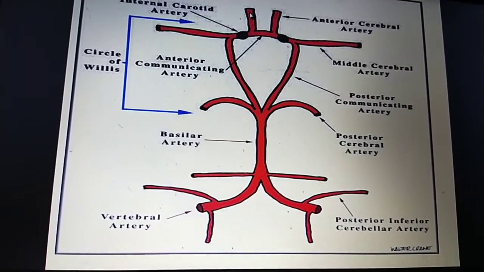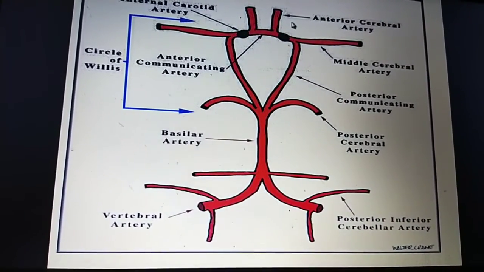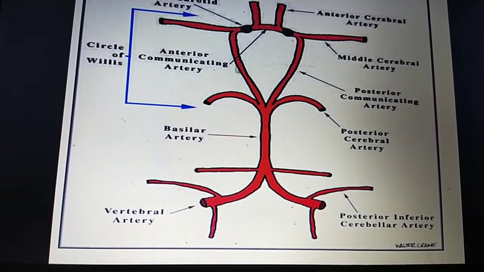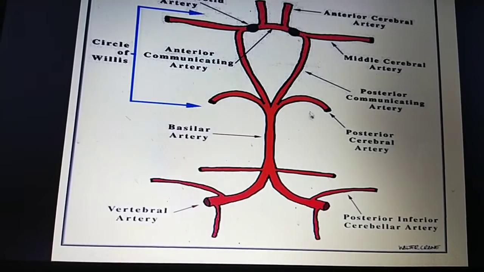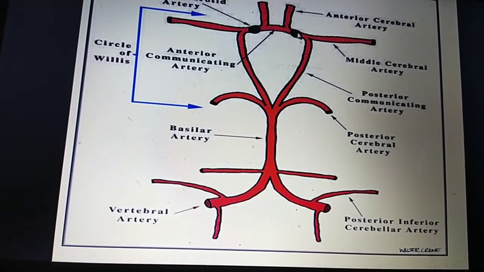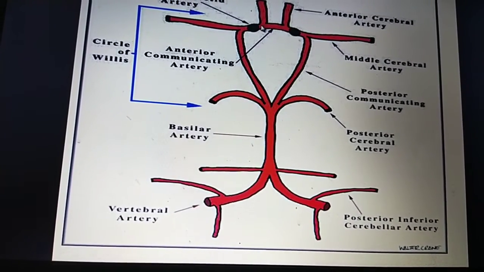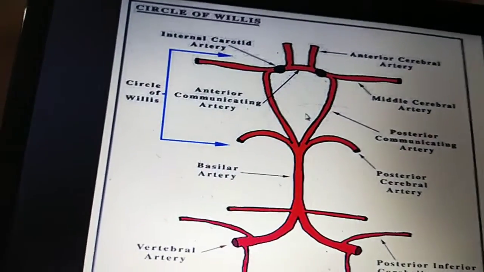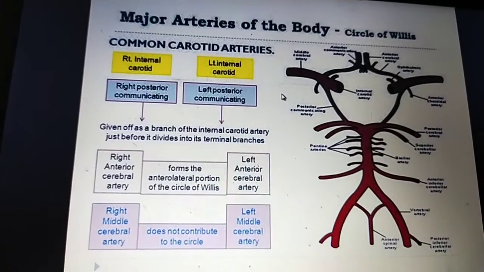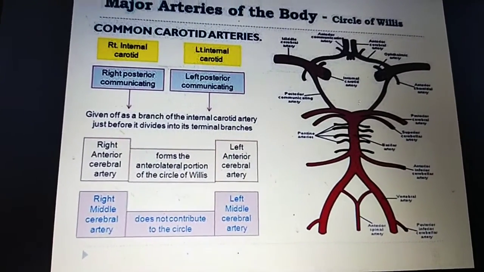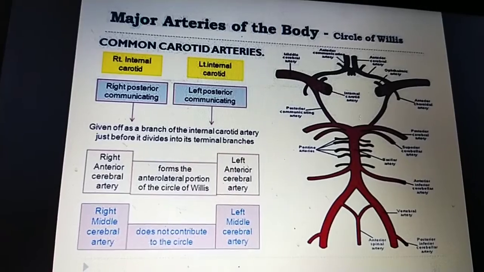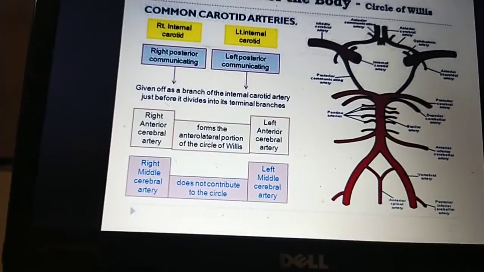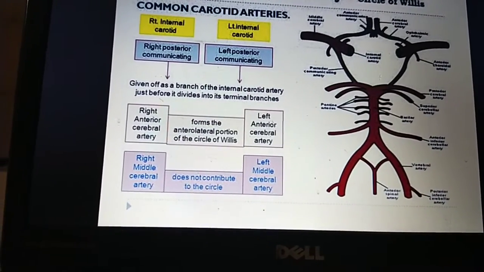It is formed by the 2 anterior cerebral arteries, 2 internal carotid arteries, 2 posterior communicating arteries, 2 posterior cerebral arteries and 1 anterior communicating artery. Like this the circle of Willis is formed. These are major arteries of the body. The common carotid artery gives the right and left internal carotid.